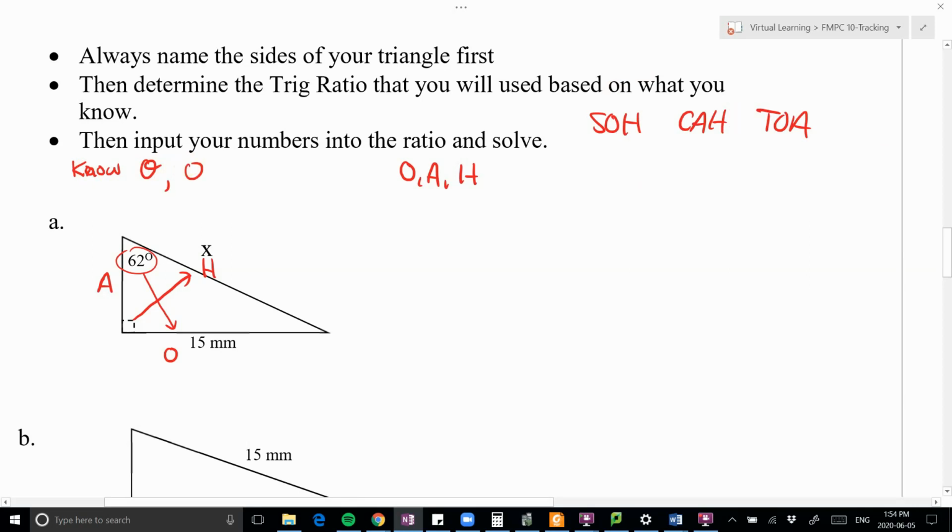Opposite. I need H. So what that means is I need to find a ratio that has that information in O and an H. So I look here. Sine is O and H. So that's the ratio I'm going to use.